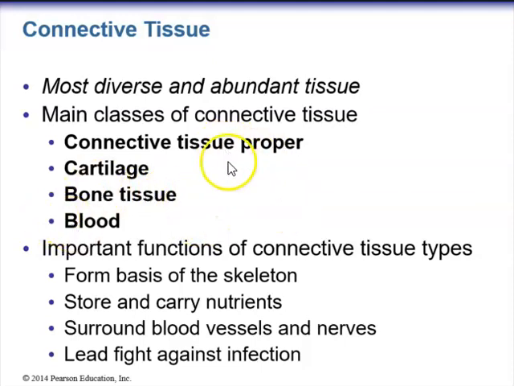And then we're going to go into the different subtypes of these 4 categories of connective tissue. Important functions of connective tissue types include forming the basis of the skeleton, storing and carrying nutrients, surrounding blood vessels and nerves, as well as specific cells that help lead the fight against infection.